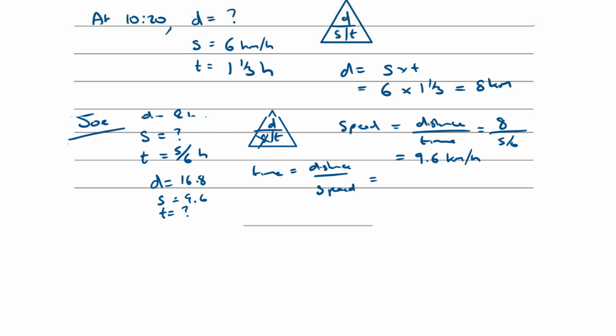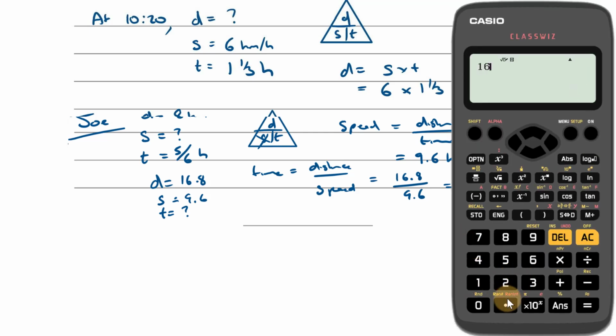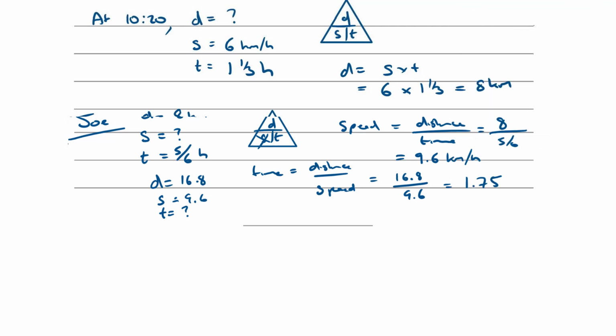So that is equal to 16.8 divided by 9.6, which is coming out to be 1.75 to me. 1.75, or 1 3/4 of an hour then, isn't it?